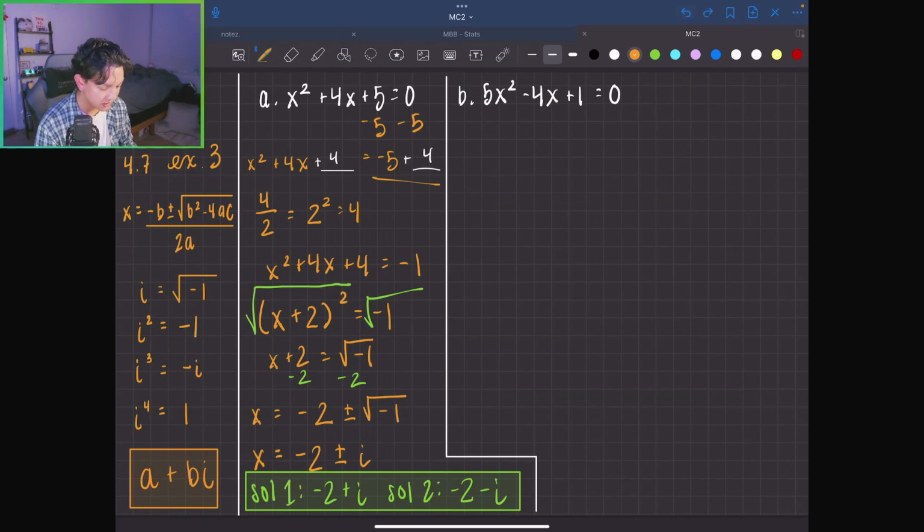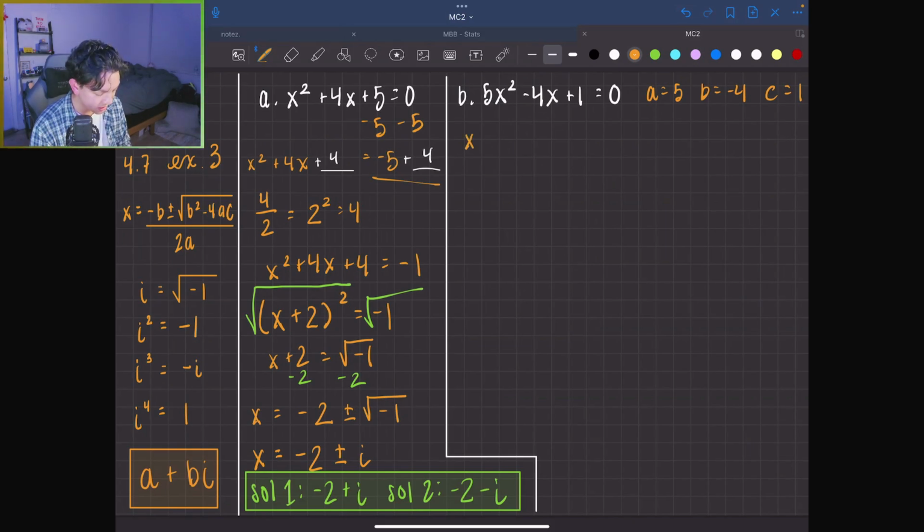Let's go ahead and identify our a value, our b value, and our c value. Our a value is positive 5, our b value is negative 4, and then our c value is positive 1. Now let's go ahead and substitute all of these values into the quadratic formula.